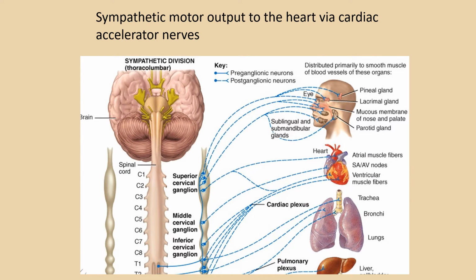So here we can see the cardiac accelerator nerves. These are all postganglionic motor neurons that will synapse on the heart. They synapse many places on the heart, as we'll see. And they all secrete norepinephrine. And again, norepinephrine is going to both speed up heart rate and increase the tension that the heart muscle cells generate with every contraction.